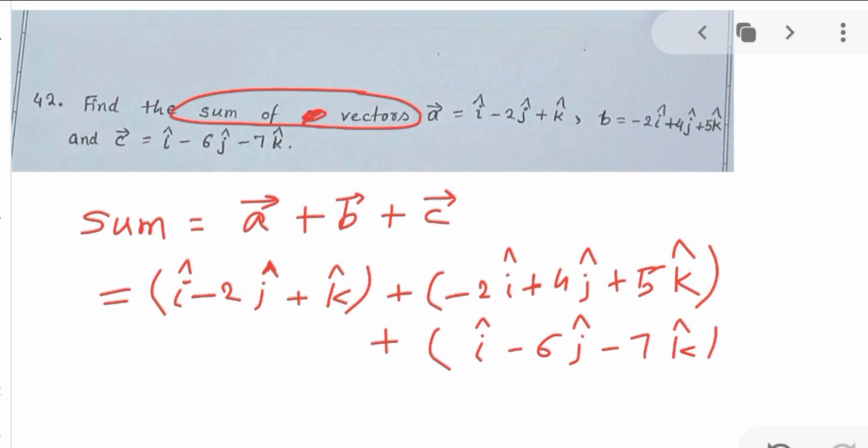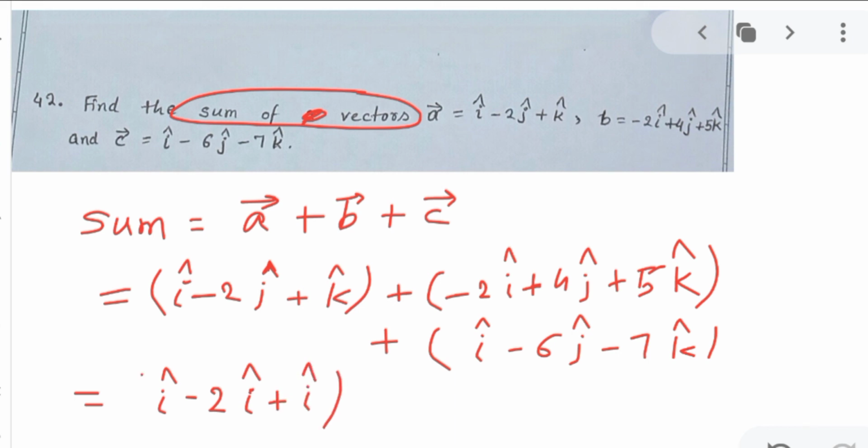Now you will add the corresponding components. When you open the bracket for i: i minus 2i plus i, so 3i will be there... i minus 2i plus i.